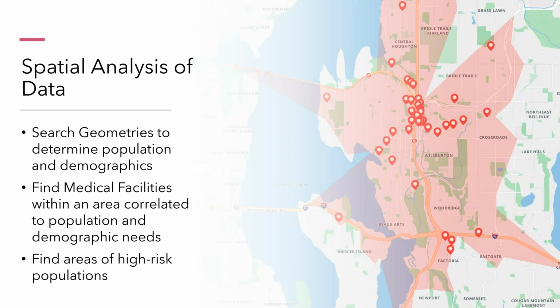Once you do that, you can find things within that zone. You can find how close people within that area are to medical facilities and hospitals. What's the demographic mix in the area? You can find high-risk populations in the area, and so on.